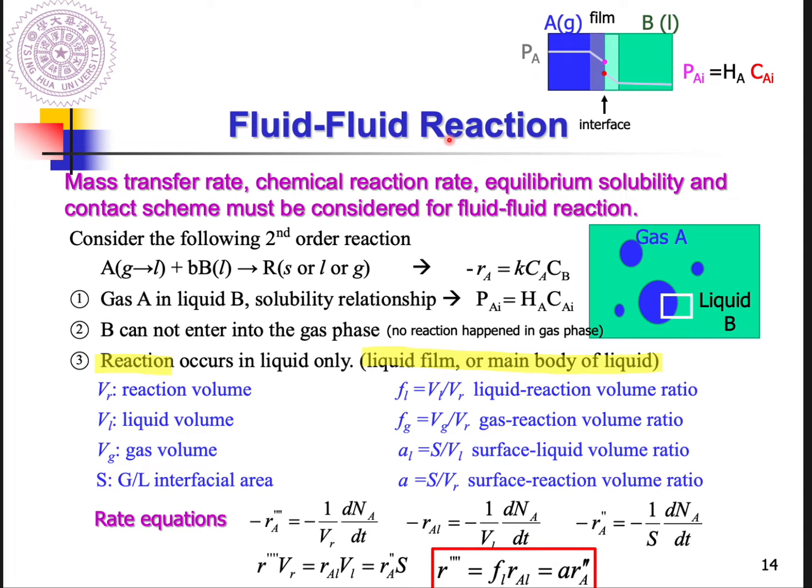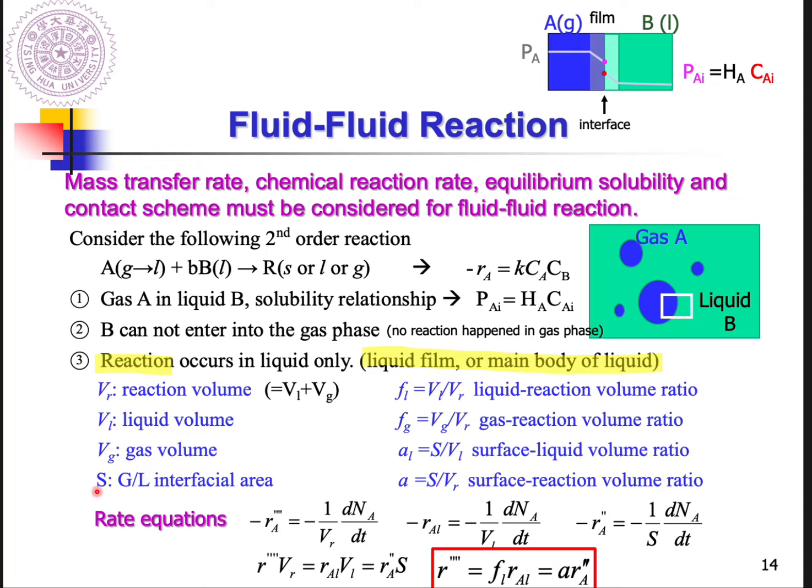Okay, so in order to move forward, there are some special terms we need to emphasize. To complete the rate equation, V_R is what we call the reaction volume. In a fluid-fluid reaction, that is the sum of V_L, the liquid volume, and V_G, the gas volume. So if this is the system we deal with, the volume including the gas and the liquid is what we call the reaction volume.